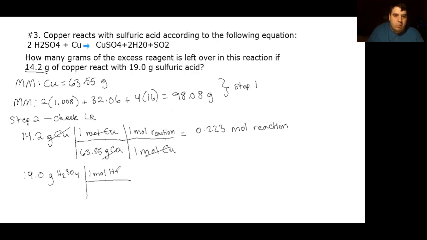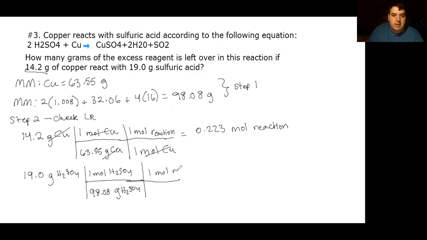So we're going to put the molar mass here, which we determined to be 98.08 grams. And notice I'm keeping all of my units together so then we can remember what's going to be canceled out. And then lastly, on the last section, we know that 1 mole of reaction.